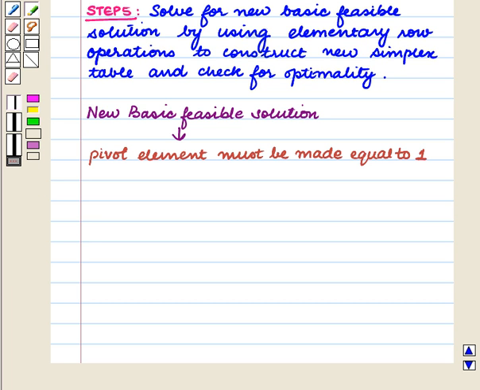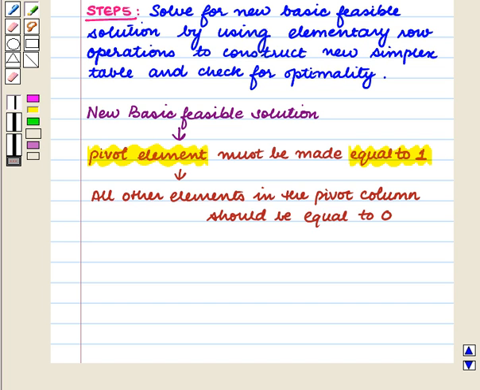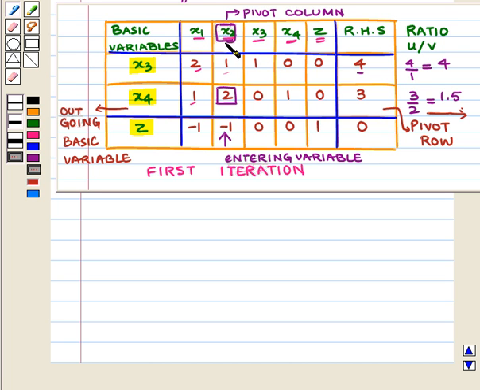To find the new basic feasible solution, the pivot element must be made equal to 1 and all other elements in the pivot column should be equal to 0. Now x2 is the new basic variable.